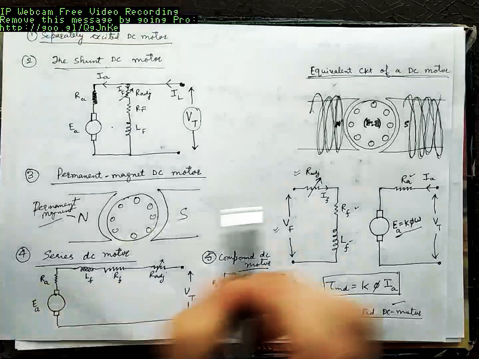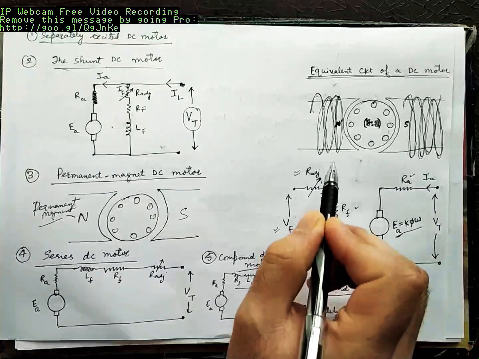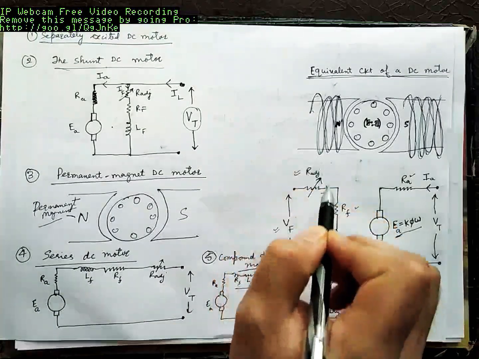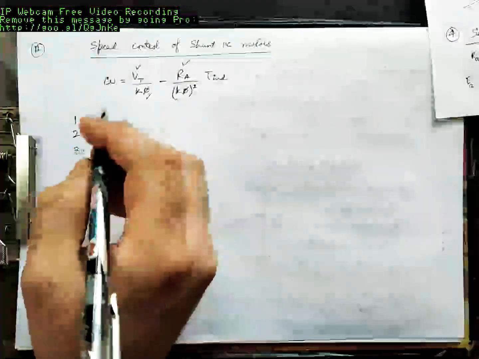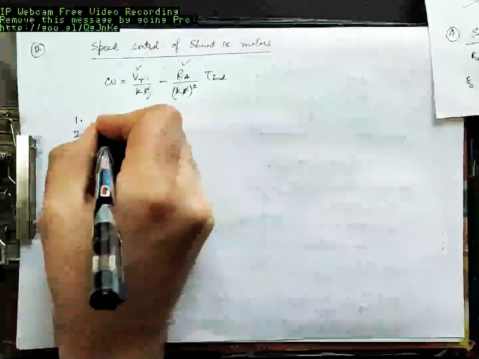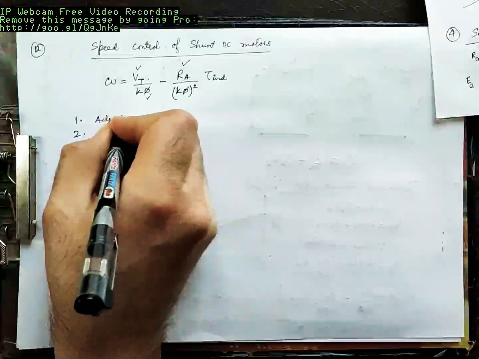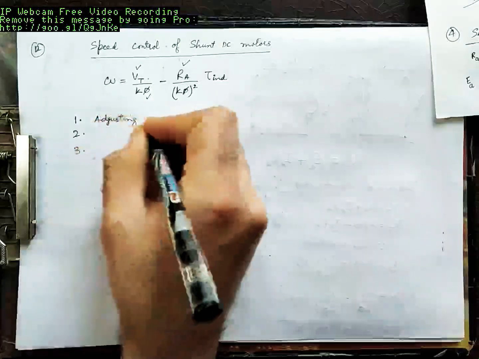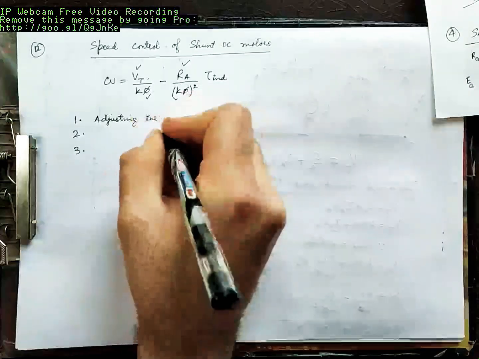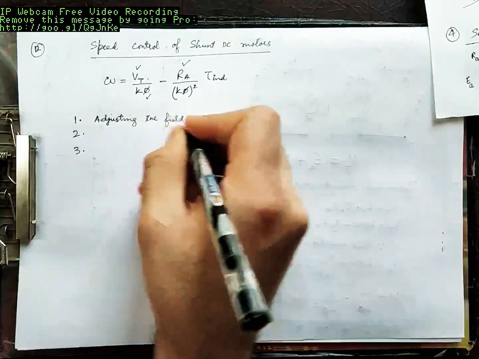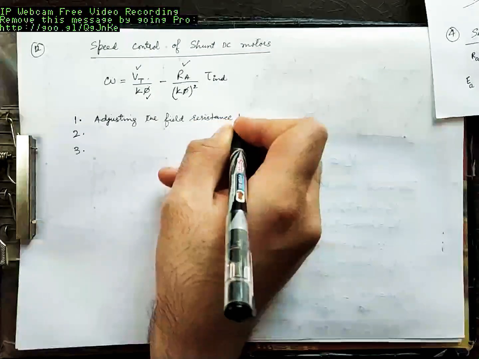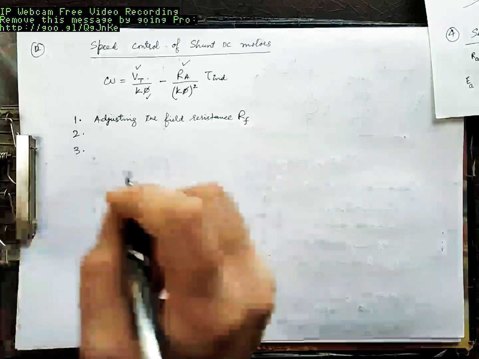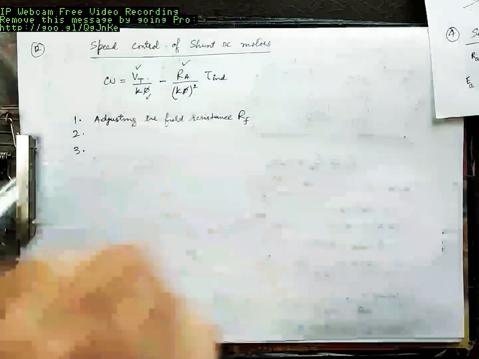If we decrease R adjustable, field current will increase. If we increase R adjustable, field current will decrease. So first method is adjusting the field resistance RF. That will change the flux.